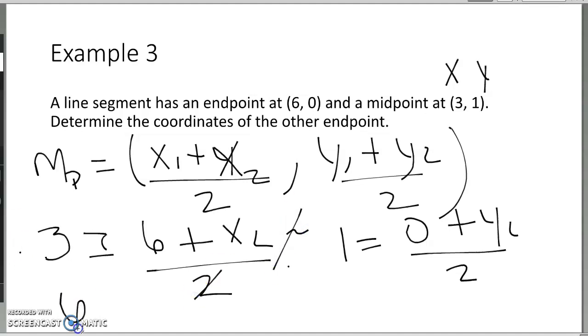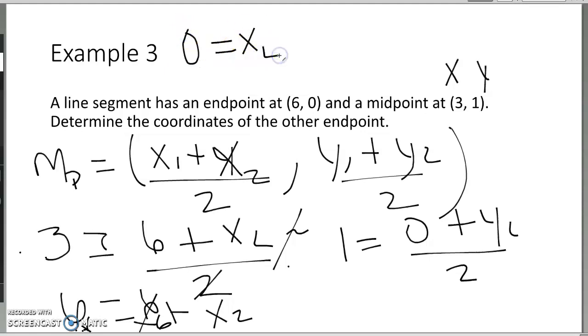So that gives me 6 is equal to 6 plus x2. I do need to subtract 6 from both sides to find out what that x2 is. And when I do that, 6 minus 6 is 0, so 0 is equal to my x2 point.